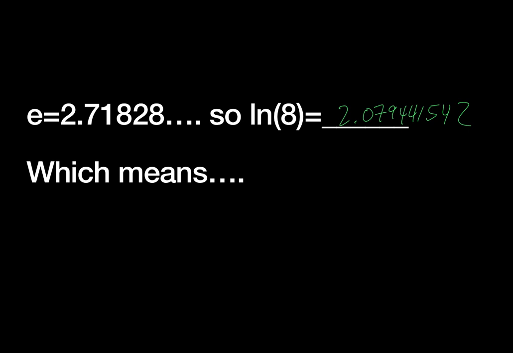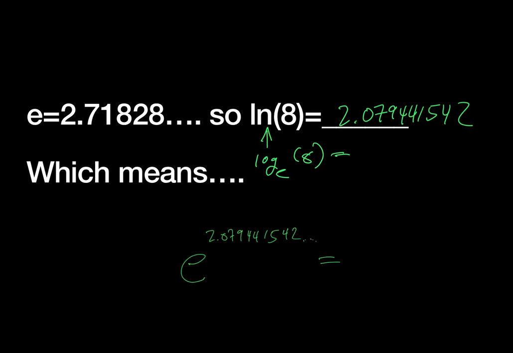And what does this mean? Again, how do we switch between exponents and logarithms? This is log base E of 8 equals that number. That means base E raised to the exponent of 2.079441542 equals 8, and this keeps going.